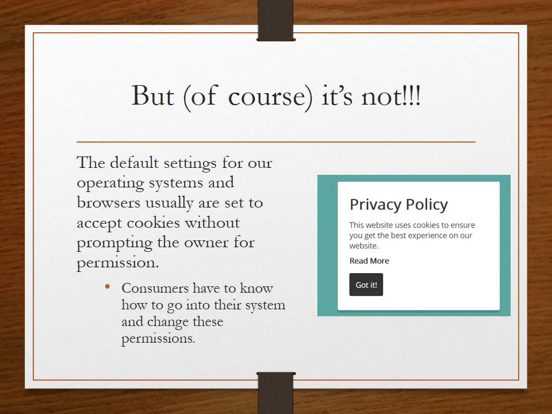The default setting for our operating system and browsers usually are set to accept cookies without prompting the owner for permission. And consumers have to know how to go into their system and change these permissions. So when you get a little pop-up that you see on the right-hand side there, "This website uses cookies to ensure you get the best experience on our website. Read more.